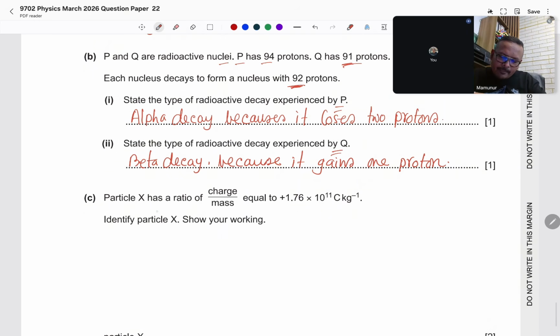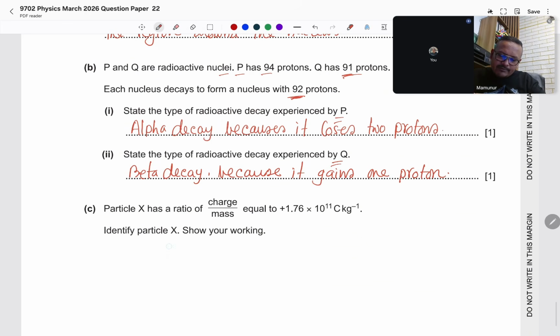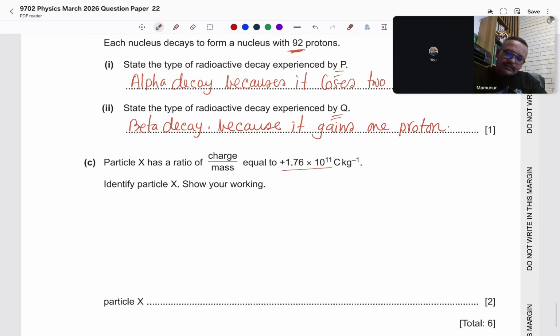Particle X has a ratio of charge to mass equal to 1.76 times 10 to the power 11. Identify the particle X. Suppose we have a proton, an electron, or an alpha particle.